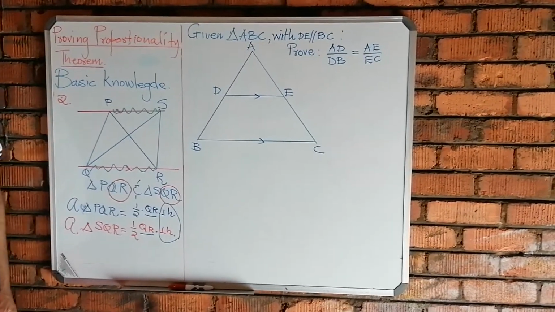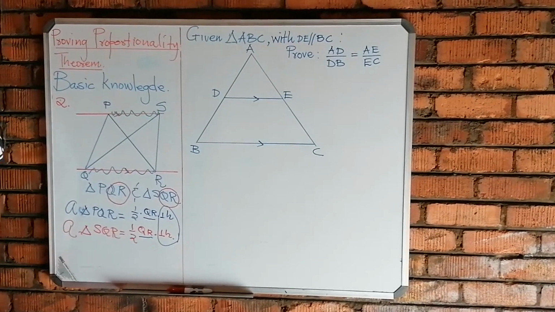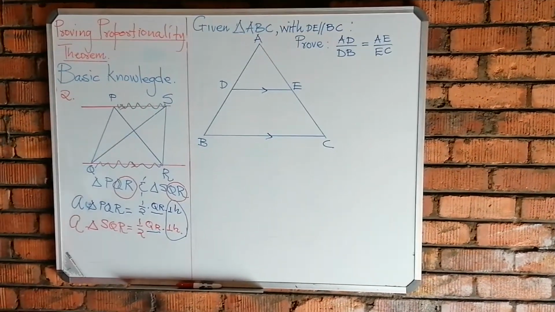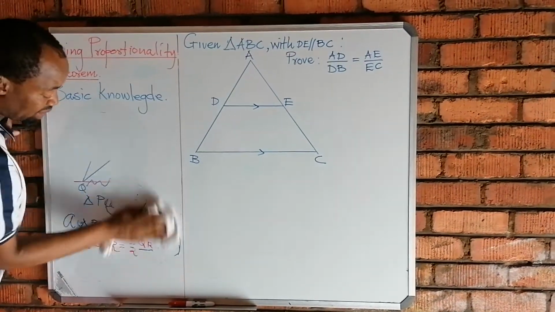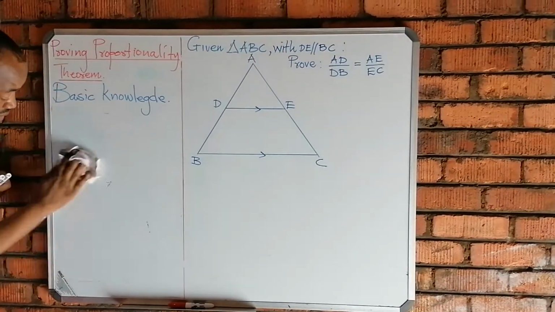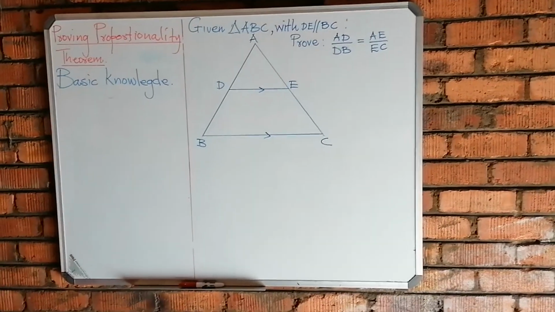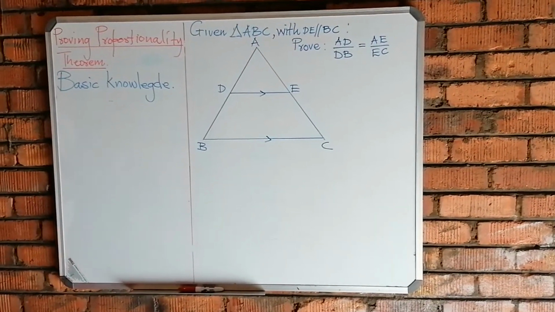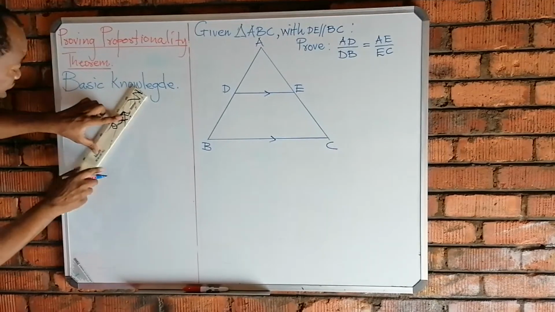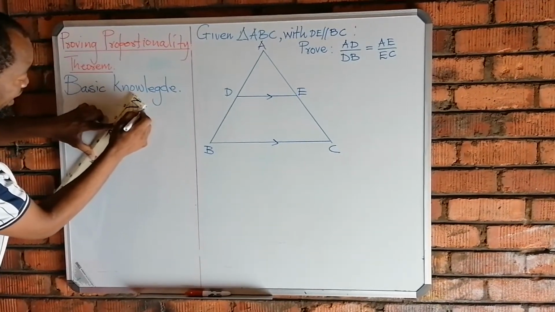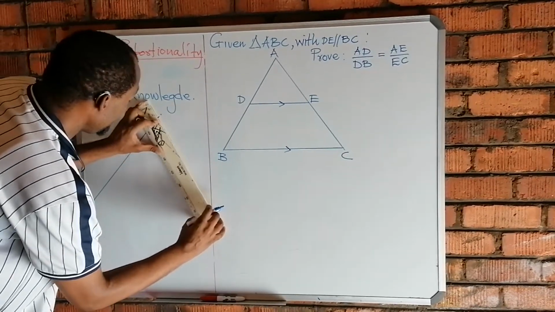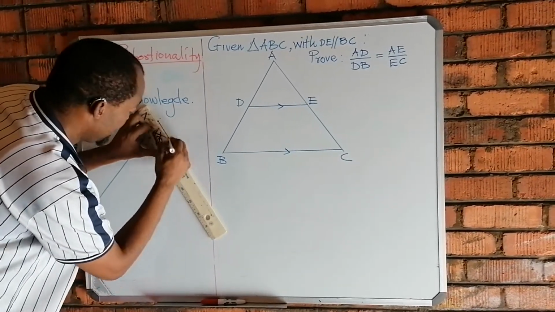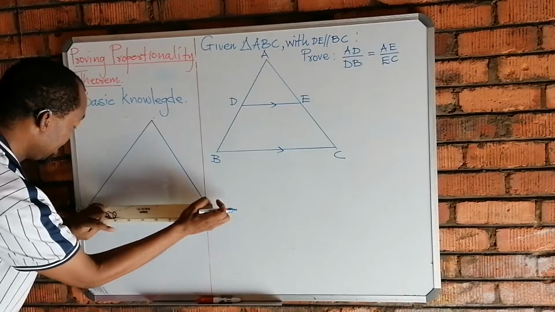Now we move to basic knowledge number 3, which is also very important. Let's have a triangle. There's our triangle.